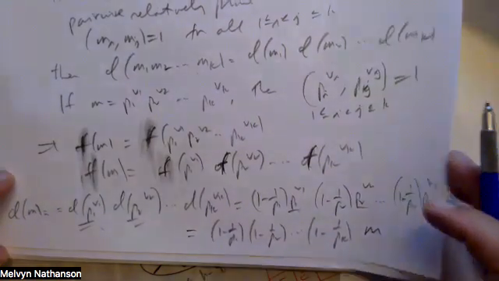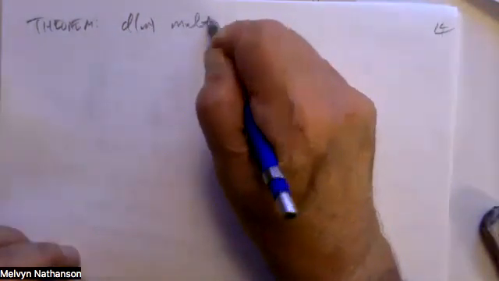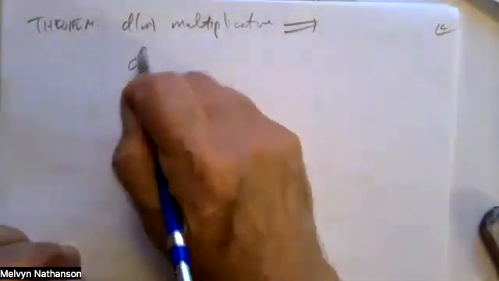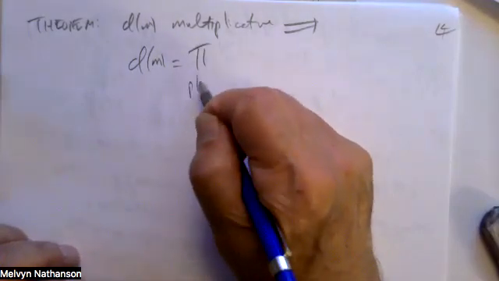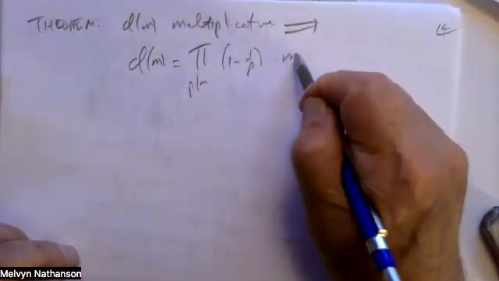So we have the following theorem, which says that the Euler function phi of m being multiplicative implies that for any m, phi of m is the product over all the distinct primes p that divide m of 1 minus 1 over p, times m.